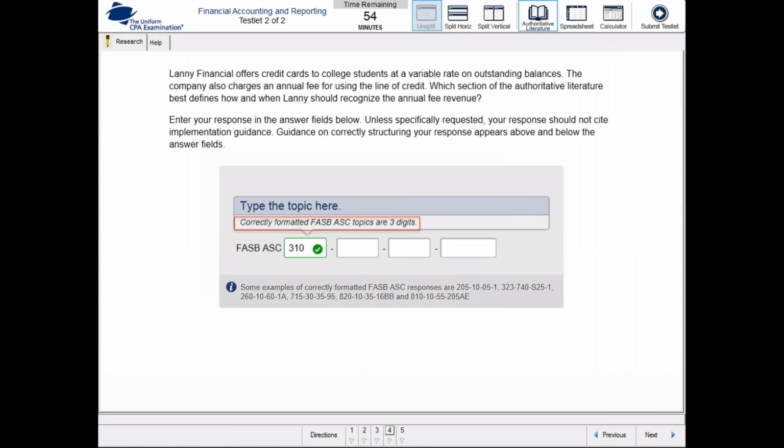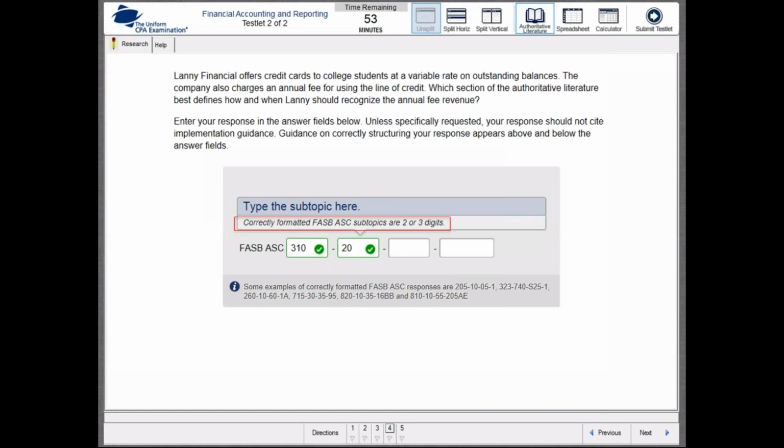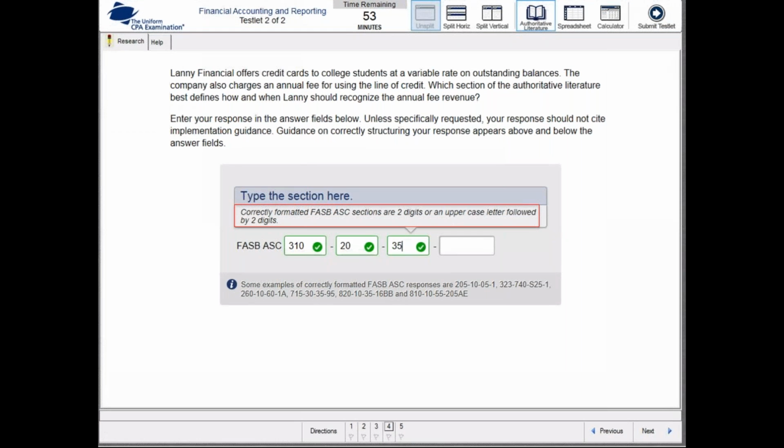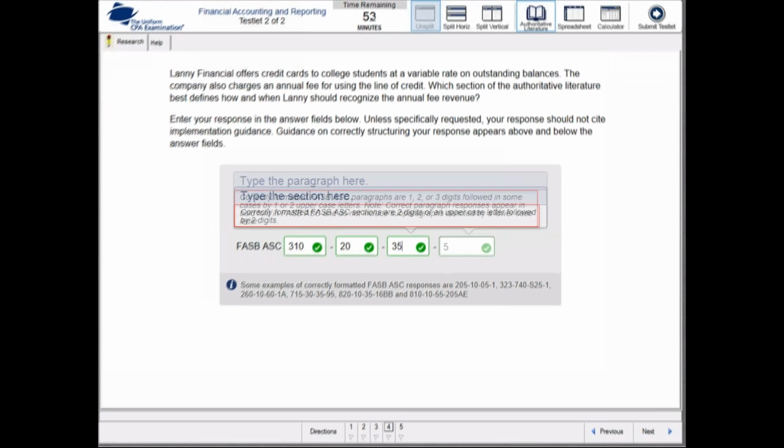So the first topic is going to be 3 digits, so we know we're good. Then we put in our subtopic, which they said is usually 2 or 3 digits, depending on what section of the codification we're looking at. And then we have the next piece, which is 35, or section 35, and it tells you that it's either 2 digits or an uppercase letter followed by 2 digits.